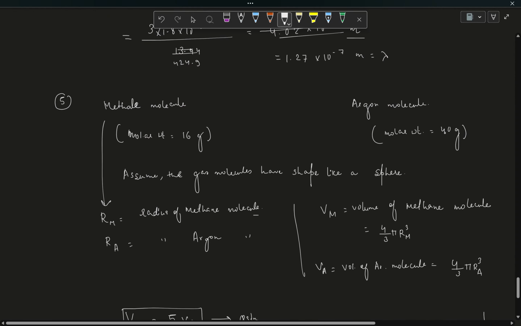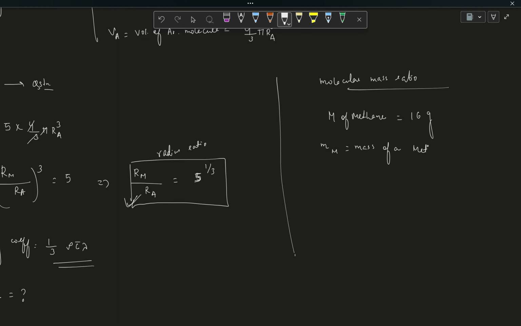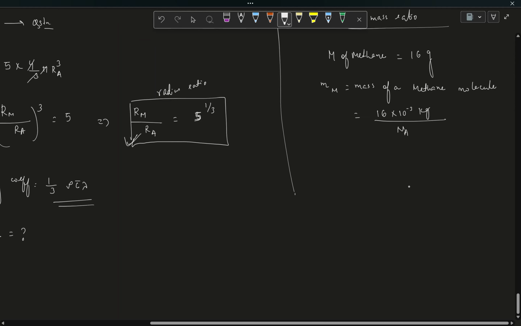So the mass of a single molecule of methane is equal to 16 into 10 to the power minus 3 kg divided by the Avogadro number Na, because you are already familiar with the concept of converting from molar weight or atomic weight into the mass of a single molecule. So I will not go into that again.